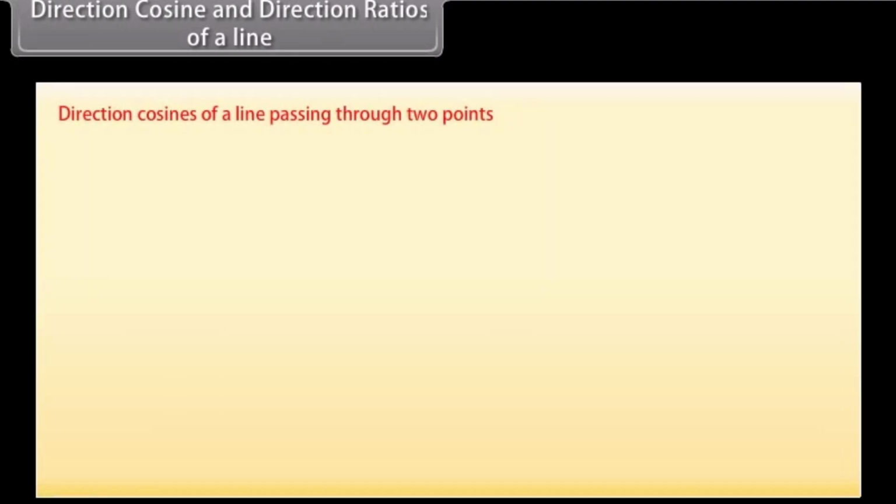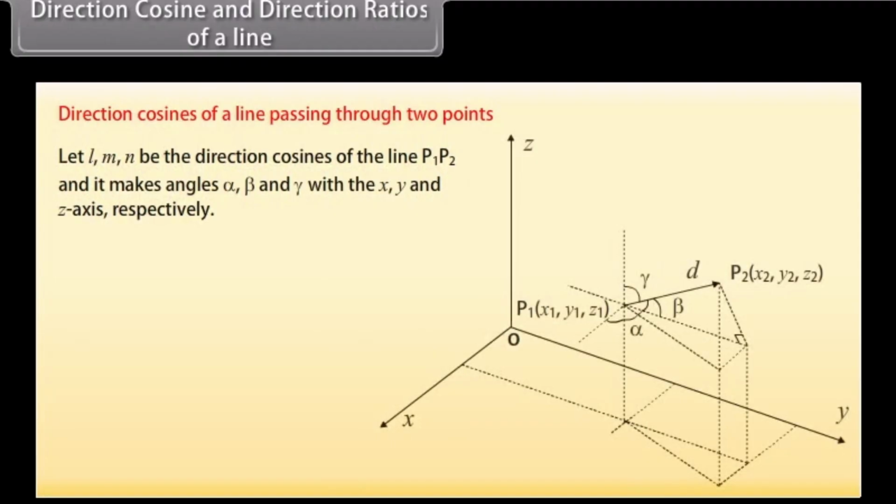Direction cosine and direction ratios of a line. Direction cosines of a line passing through two points. Let L, M, N be the direction cosines of the line P1P2, and it makes angles alpha, beta, and gamma with the x, y, and z axis respectively.